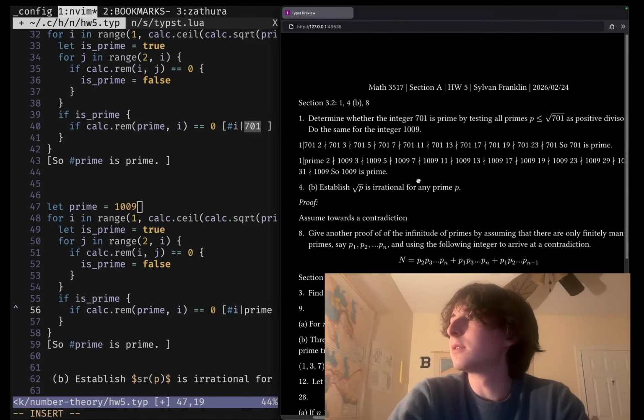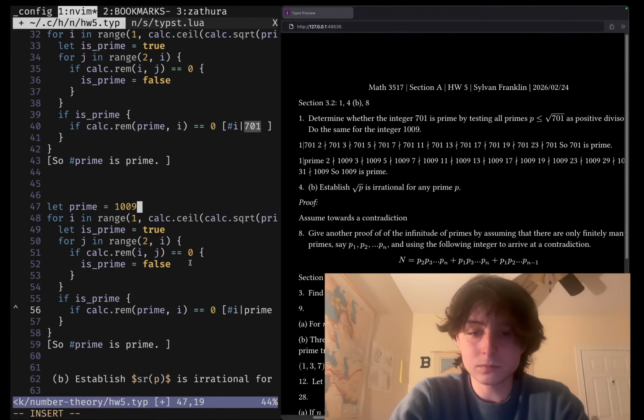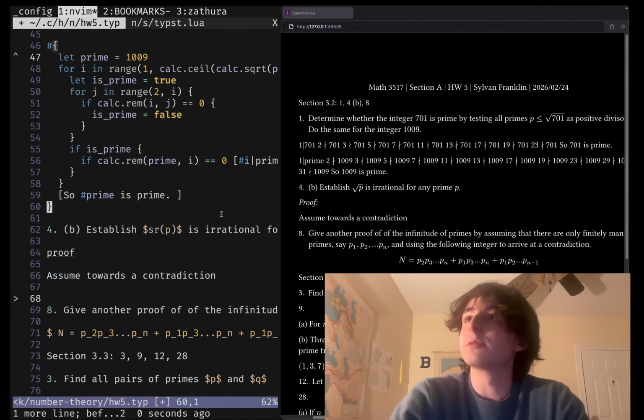Still nothing divides it, so we're cool. You can solve 4b the same way you show 2 is irrational. Yeah, okay. So just with a contradiction.